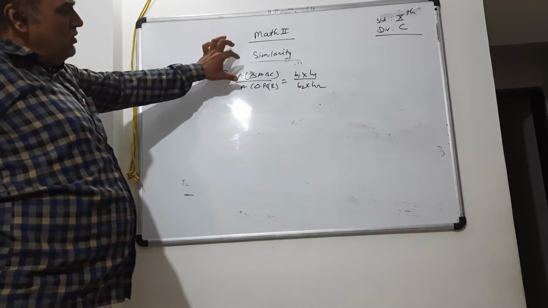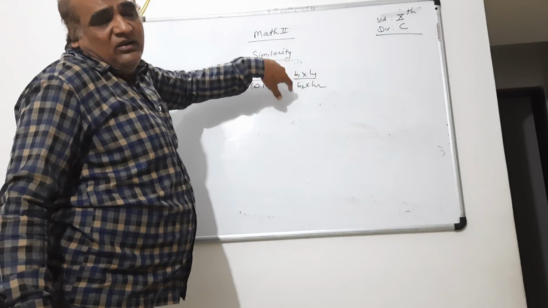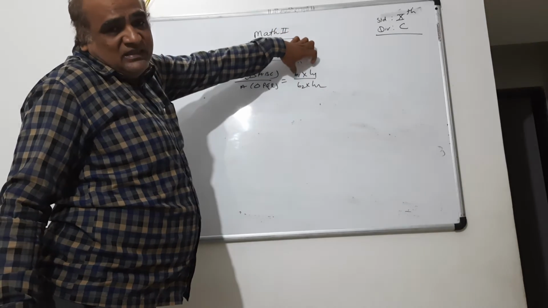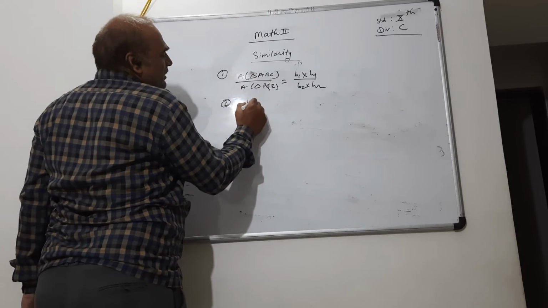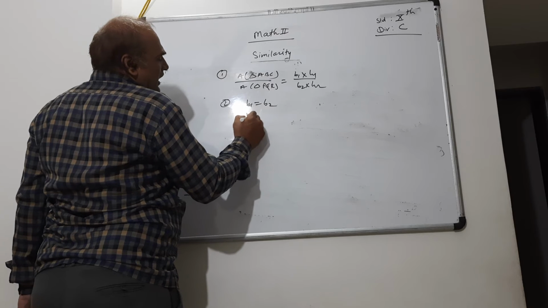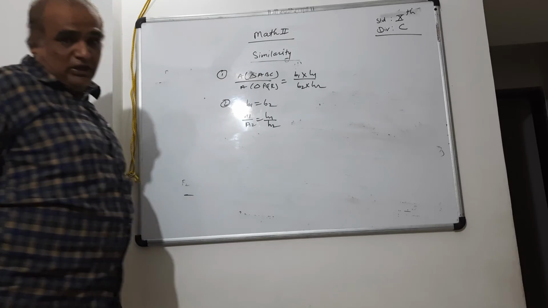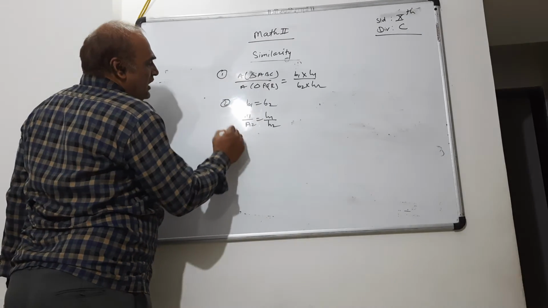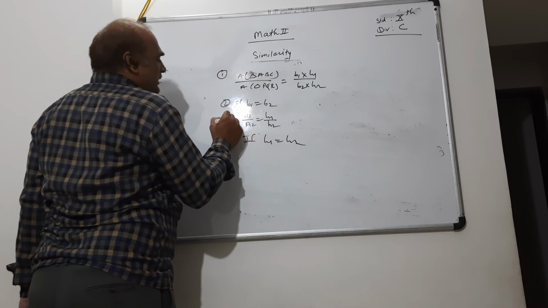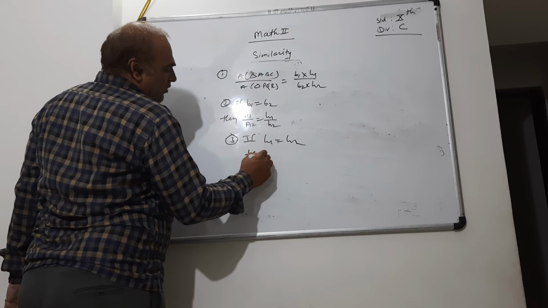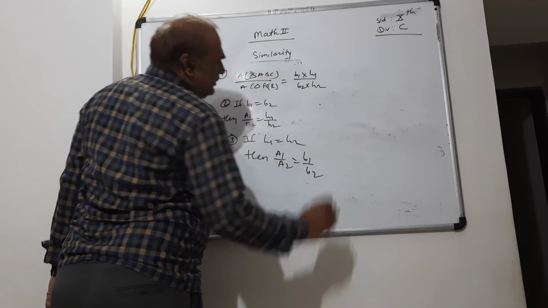The ratio of areas of any two triangles is equal to the product of their corresponding bases and corresponding heights. Second, if the bases are equal, B1 equals B2, then the ratio of areas A1 upon A2 equals H1 upon H2. Third property: if H1 equals H2, then the ratio of areas A1 upon A2 is equal to B1 upon B2.